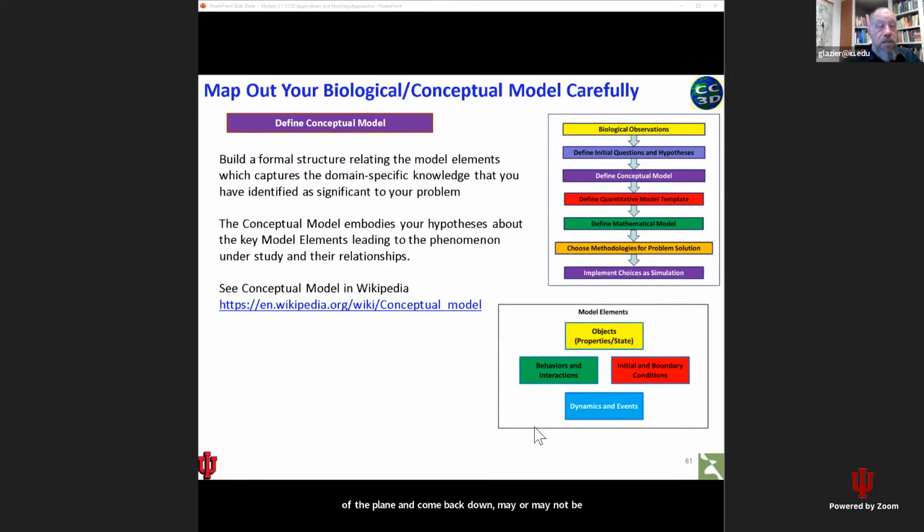And so you have to make decisions about what you think the key processes are, the key behaviors and interactions. You have to think about how they relate, dynamics, how do they control each other, change in time. And then again, conditions, initial conditions and boundary conditions. And so the more detailed your map of the conceptual model is, the more likely you are to build a simulation that's meaningful.